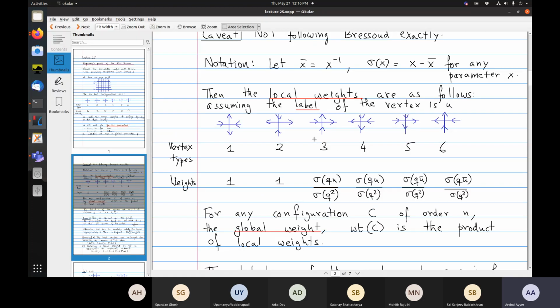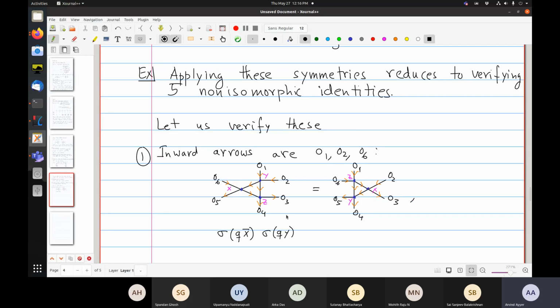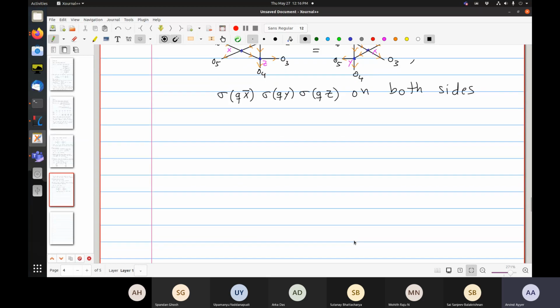So I'll put sigma q. I should have put z bar, but z is in the wrong location, so we get sigma qz on both sides. So this is trivially equal. I didn't even have to compute this, you see. I checked that it's down right here, down right here, and down left here, and so on. Okay, so this works trivially.